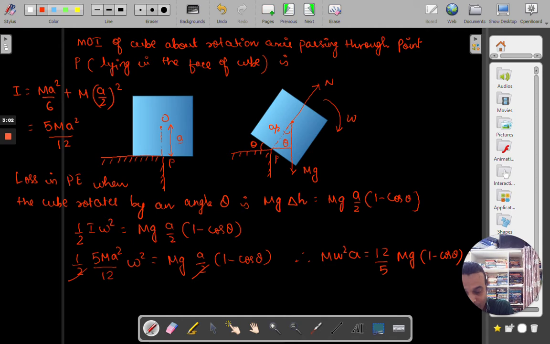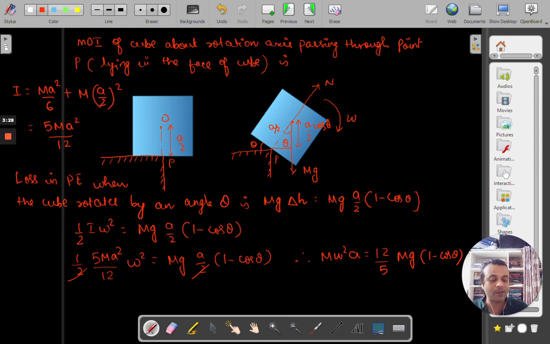So the initial potential energy of the cube is mg into a by 2, and now the potential energy has this length a by 2 cos theta. So the loss in potential energy will be mg into a by 2 minus mg into a by 2 cos theta. Taking mg into a by 2 as common, we get mg into a by 2 into 1 minus cos theta.